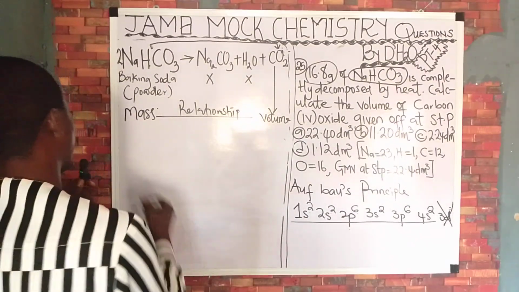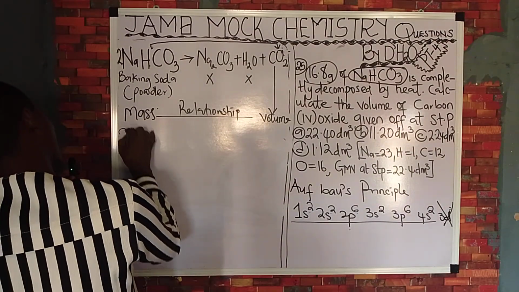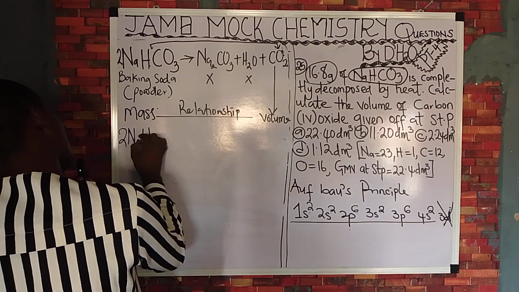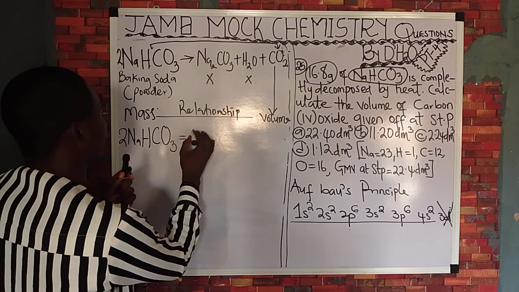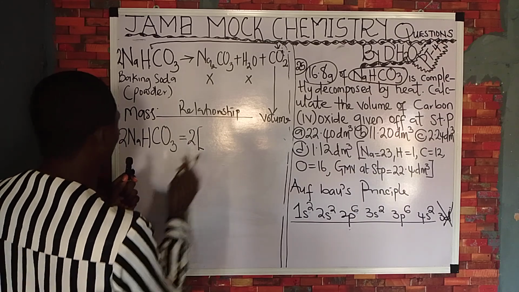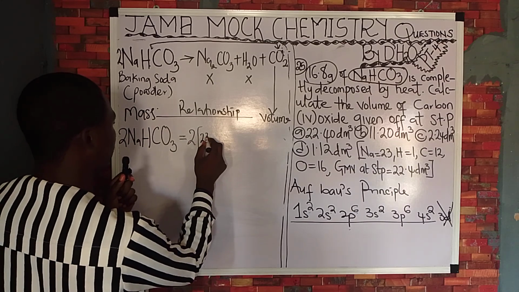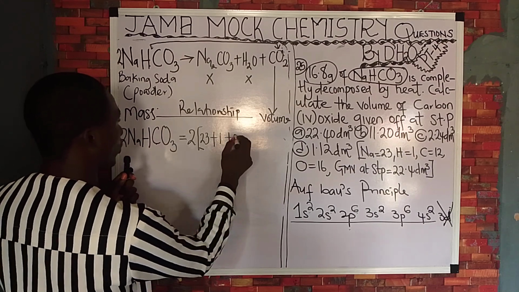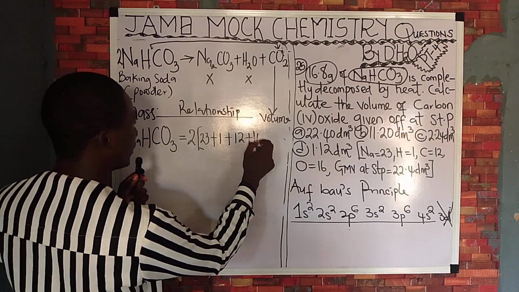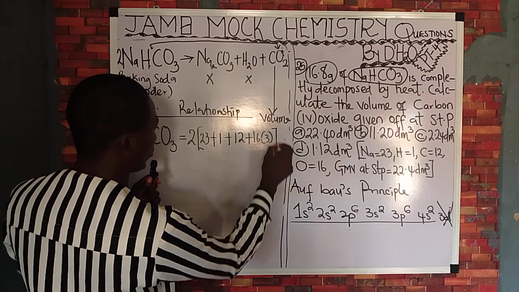Let's quickly calculate that. If I have 2 moles of sodium hydrogen trioxocarbonate(IV), remember there's a 2 here, so you have 2, open bracket, sodium is 23, plus hydrogen is 1, carbon is 12, oxygen is 16 times 3. Let's close our bracket.